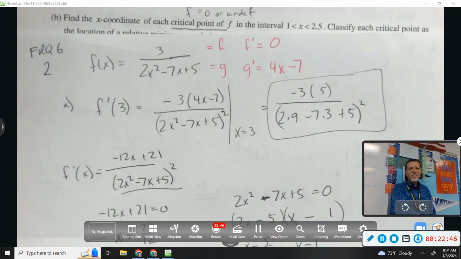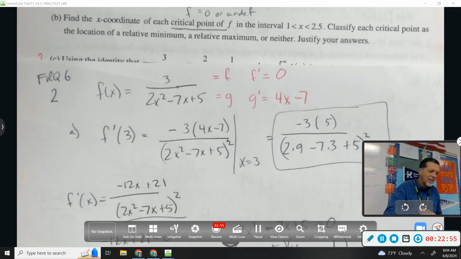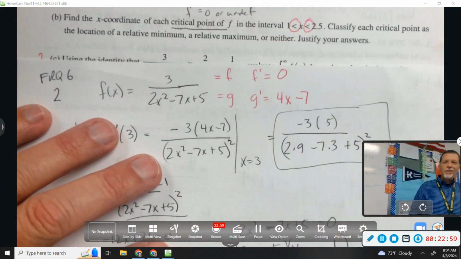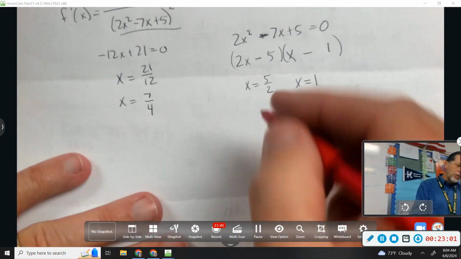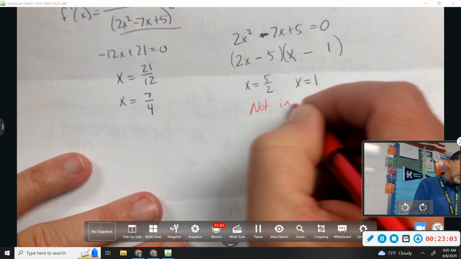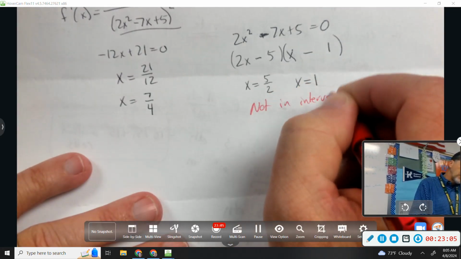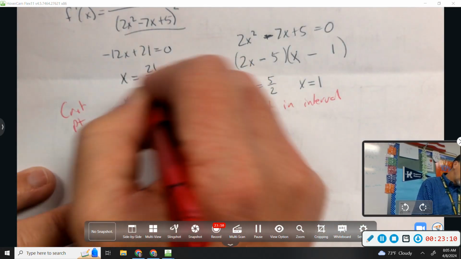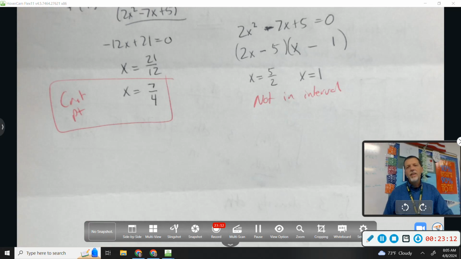Are those on the interval? Why not? Gregory, you're right. They're not. It's not equal. Yeah, we don't include the 1 and the 2.5, so those are not in the interval that we're worried about. So my only critical point is 7/4.